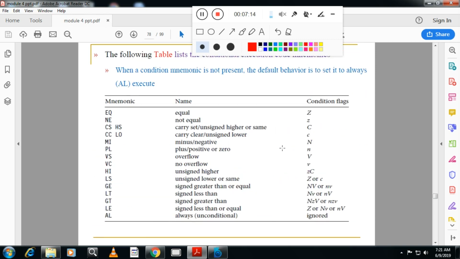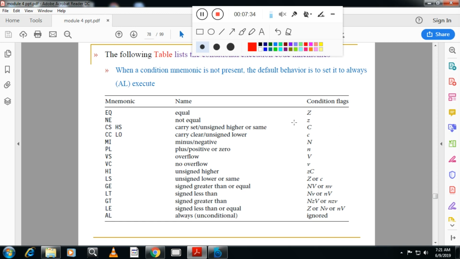For example, what are the conditions there? Equal, not equal, then overflow, no overflow. All these are less than, signed less than, signed greater than, less than or equal. All these are different types of conditions, and which condition flags are affected.